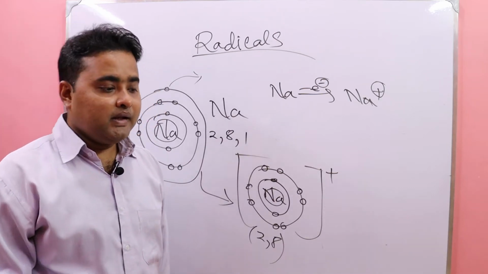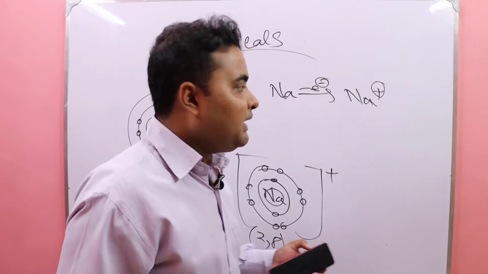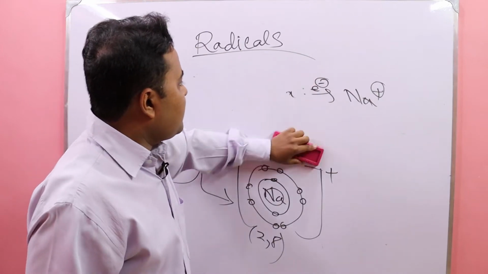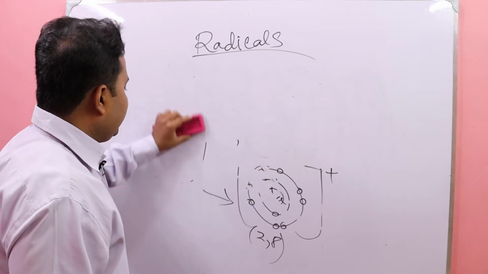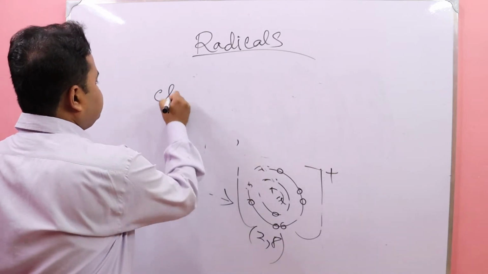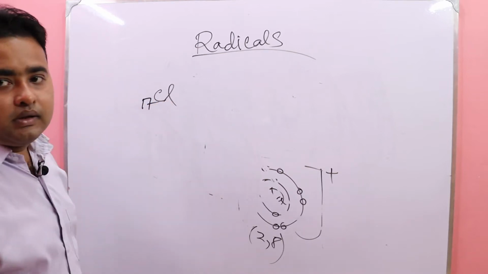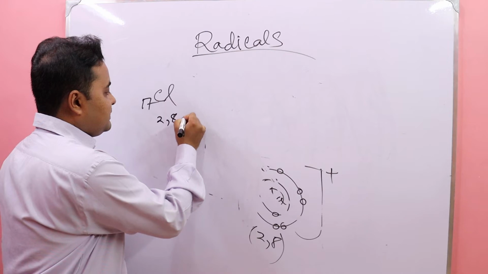Similarly, let's take another example. If we take a chlorine atom, chlorine 17, the electronic configuration is 2, 8, 7.